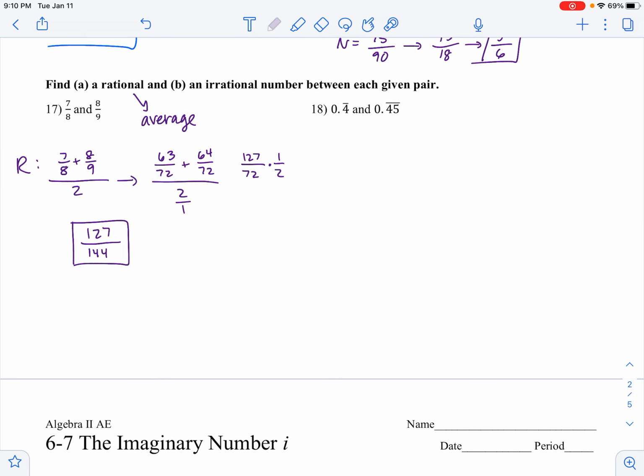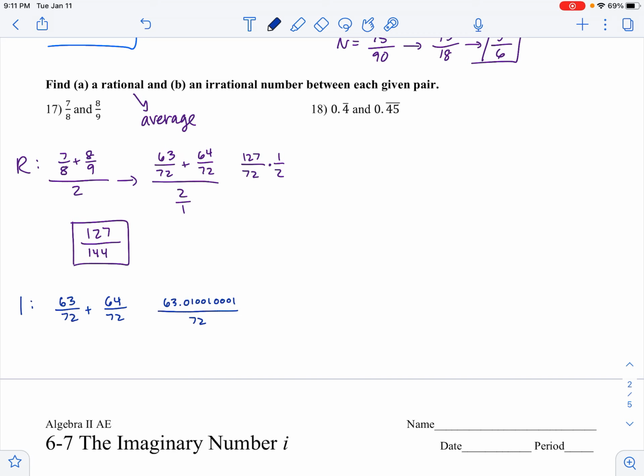I could maybe use what I just did in order to find irrational. I could say, what were my two numbers? They were 63 over 72, and they were 64 over 72. Is there some sort of irrational number I know in between them? Sure. I guess I could do 63.01001001, but I don't love mixing my fractions and decimals.